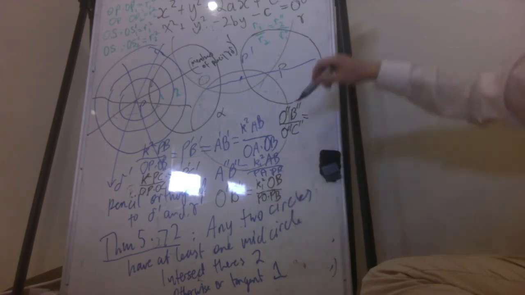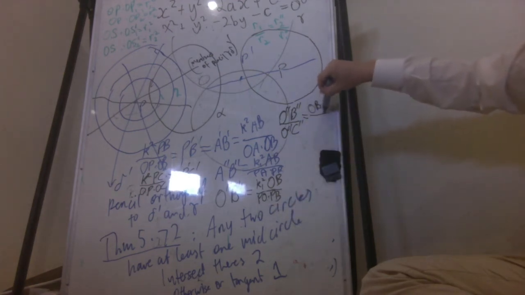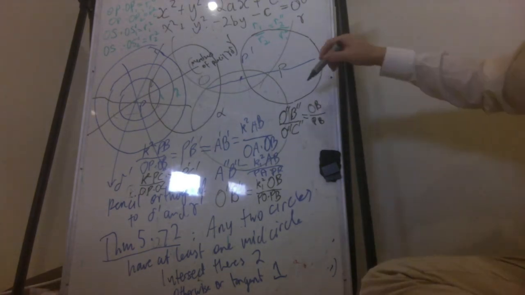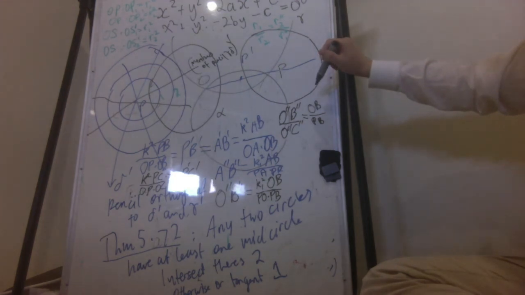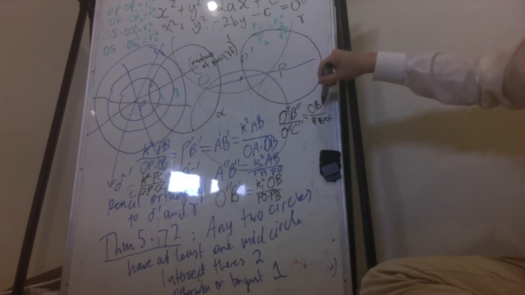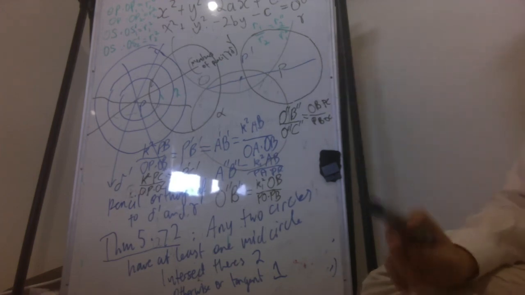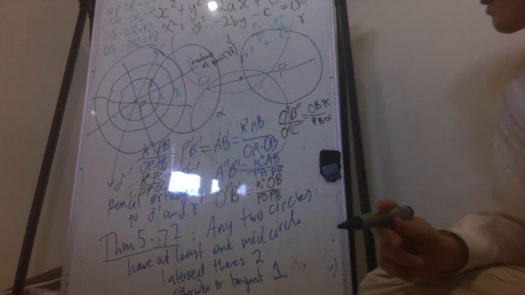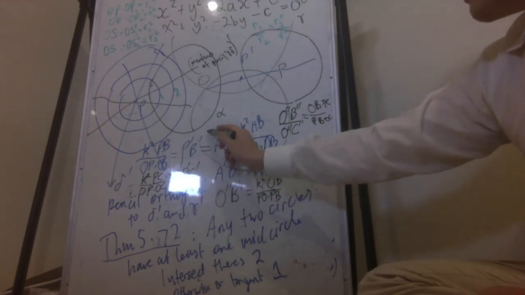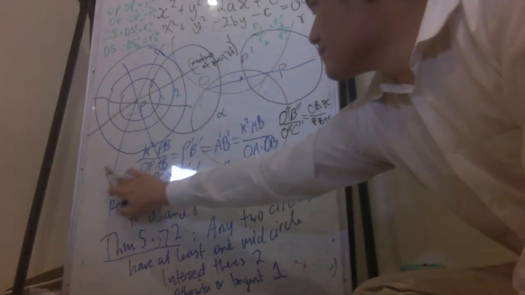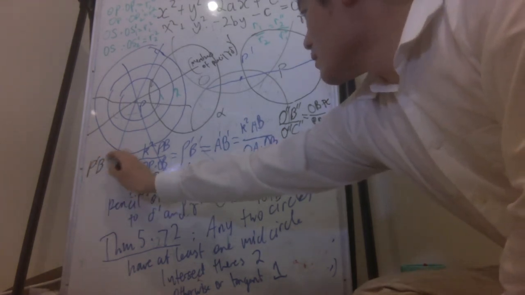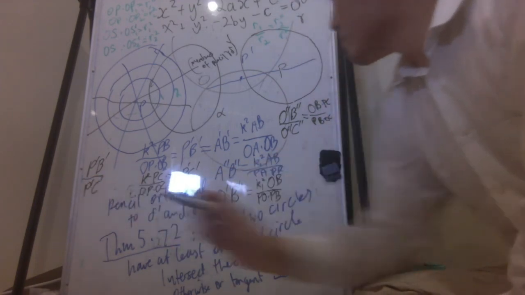So you just get OB on PB, and then PC on OC. So the ratio is P prime B prime on P prime C prime.